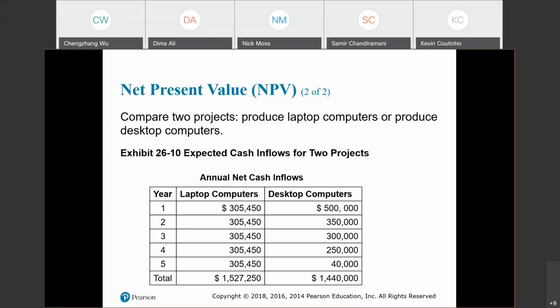And the two projects have different patterns of predicted net cash inflows, which are listed on this slide.